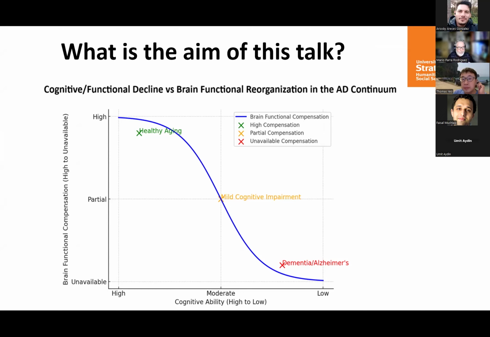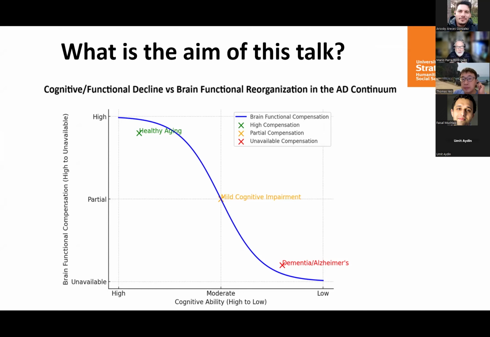So we have seen that in healthy aging, there are significant changes characterized by reorganization of brain activity. There are a lot of compensatory changes happening in older brains in order to cope with the aging process and keep a cognitive level high.